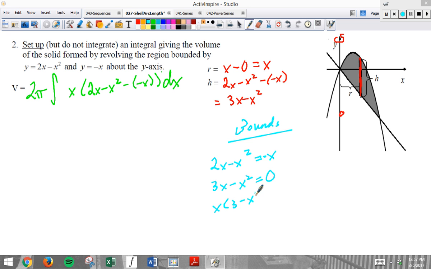Factoring is fundamental. If you can't factor, I don't know. 0 to 3. You could just guess and check. That's a really dumb way to do it. But if you somehow forgot how to factor on the AP test, try 1. That didn't work. Try 2. That didn't work. Try 3. Oh, look, that worked. I wonder how I could have done it. Factoring.